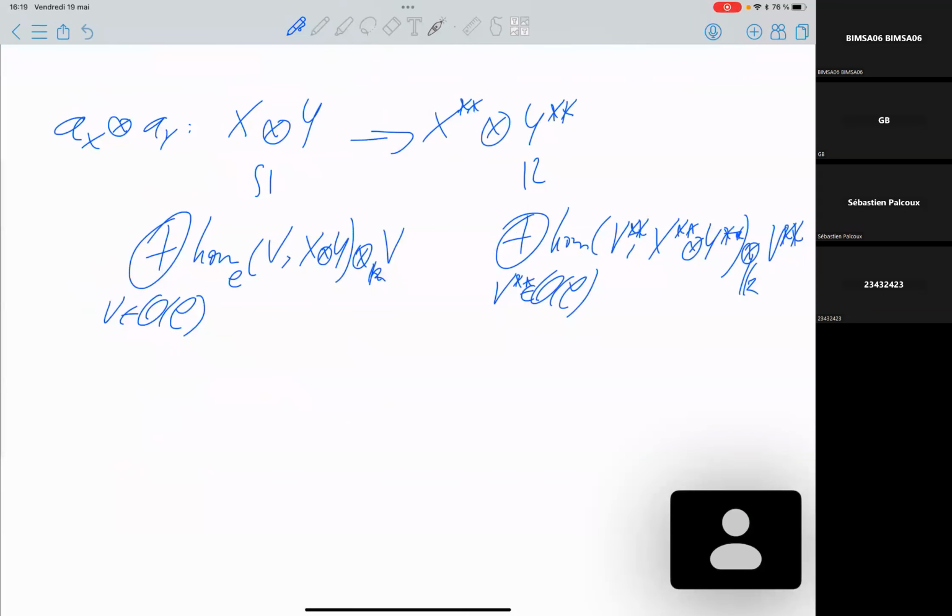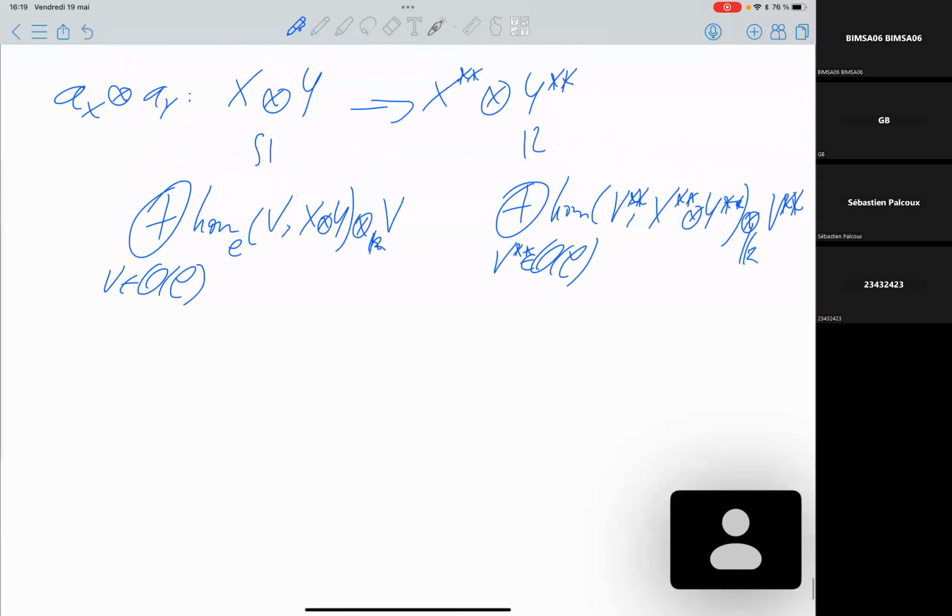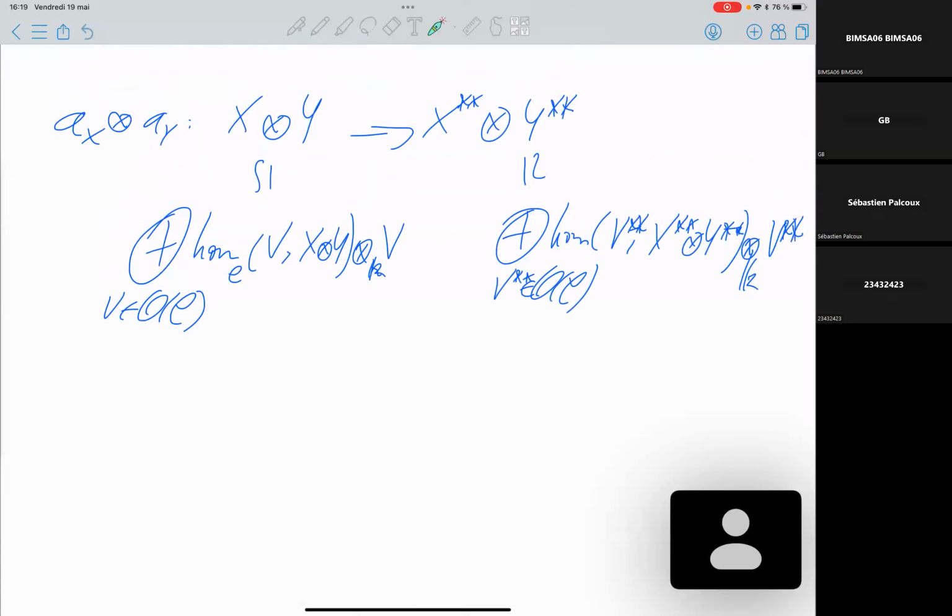So you have such a morphism. You see this morphism decomposed into a morphism for each component like that.